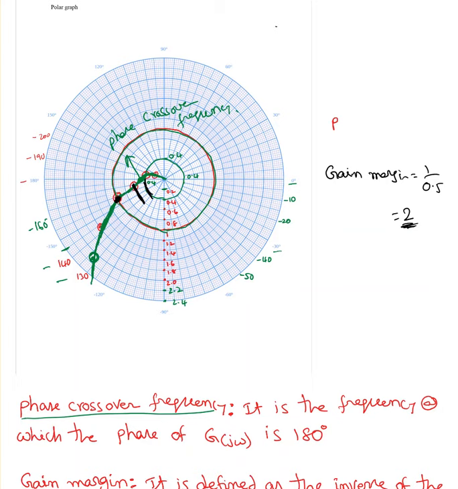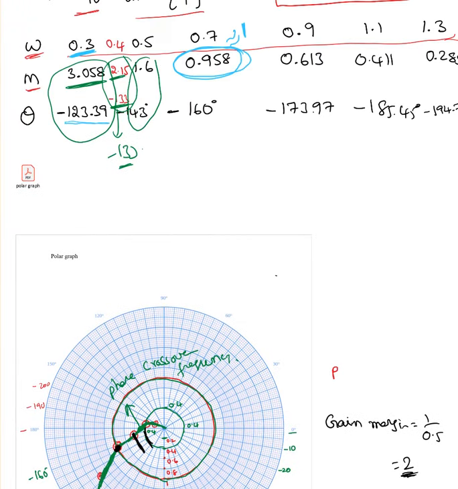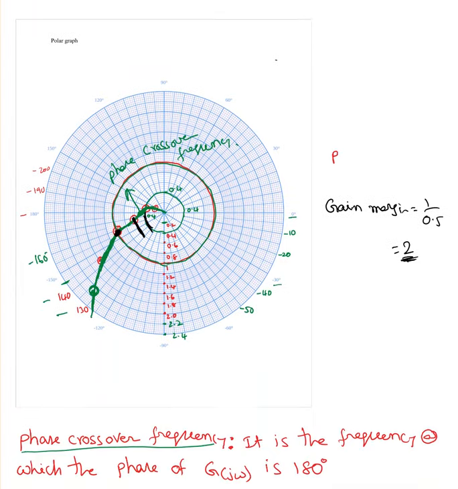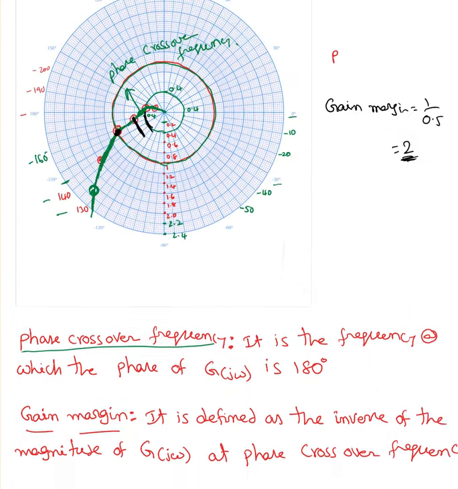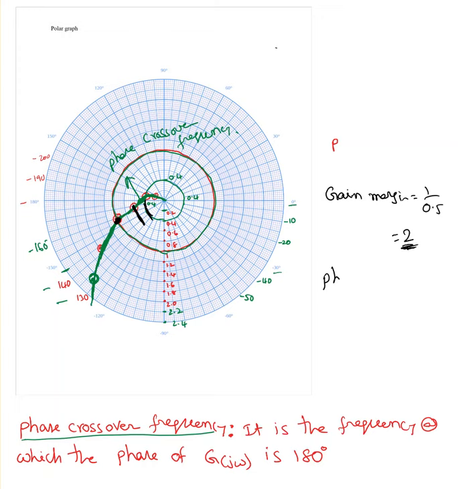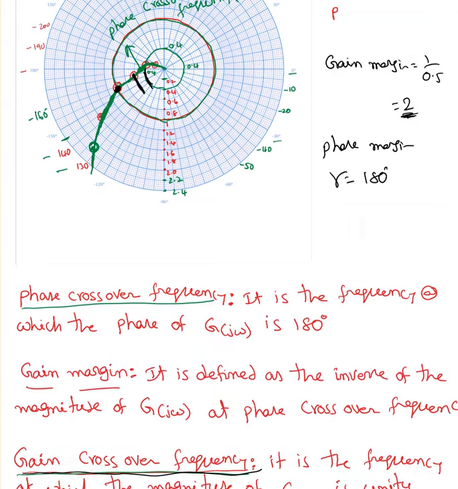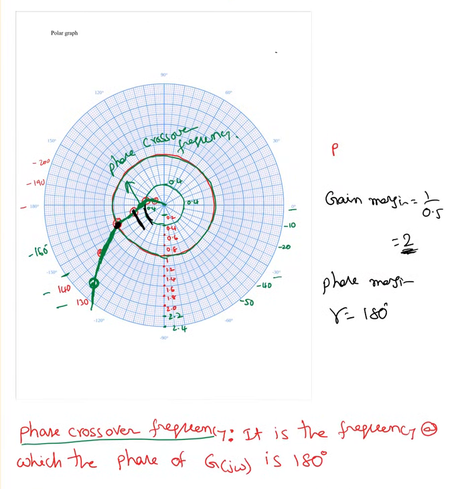So what is the angle there? Actually we found that value at unity, it's approximately minus 160 degrees. So the phase margin gamma equals 180 plus phi at gain crossover, which is, what is that value?